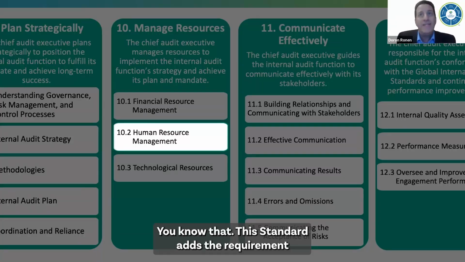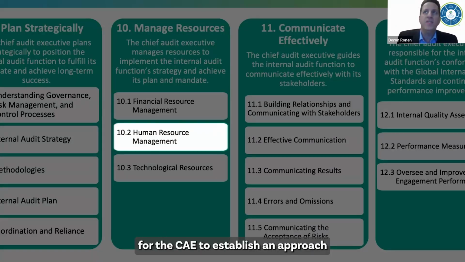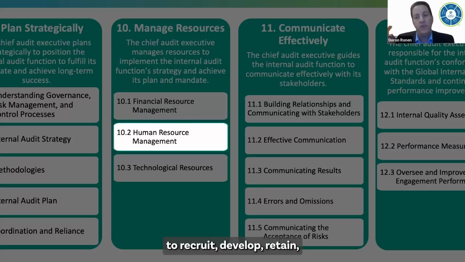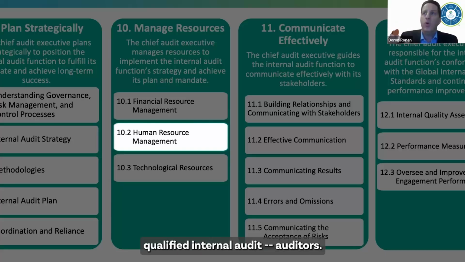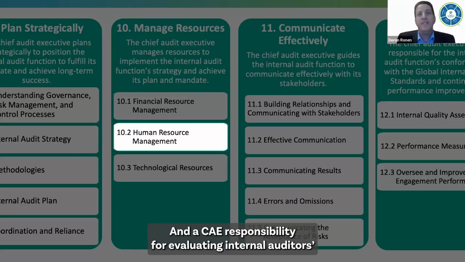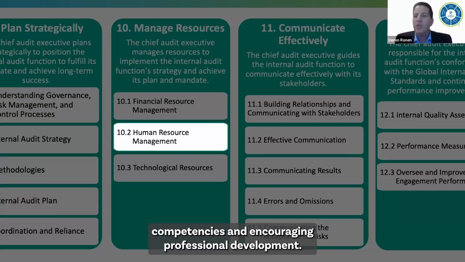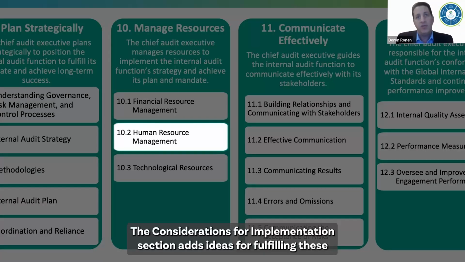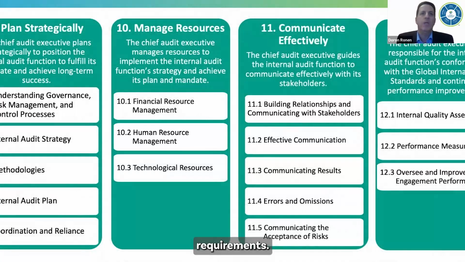This standard adds the requirement for the CAE to establish an approach to recruit, develop, and retain qualified internal auditors, and a CAE responsibility for evaluating internal auditors' competencies and encouraging professional development. The considerations for implementation section add ideas for fulfilling these requirements.